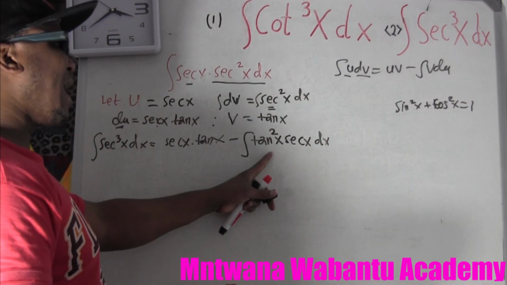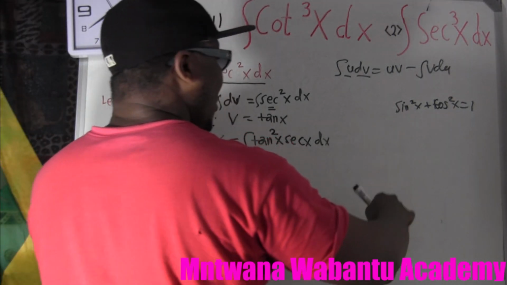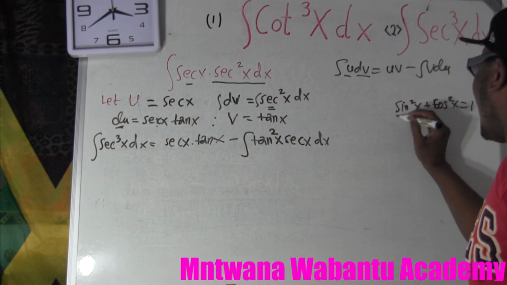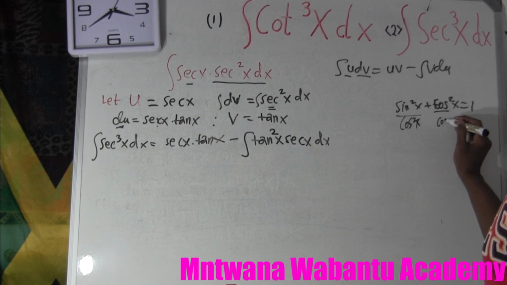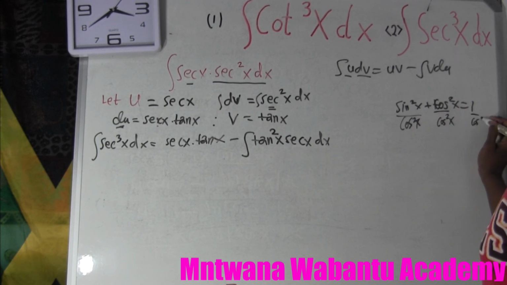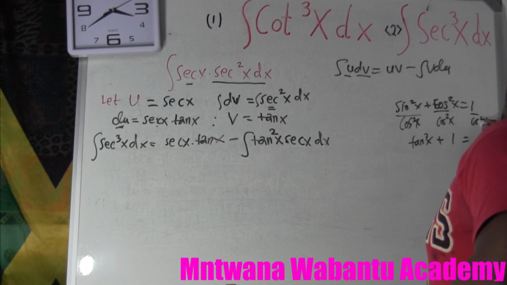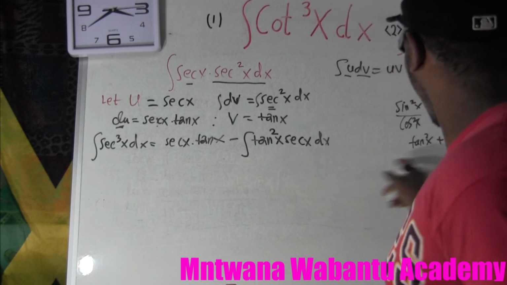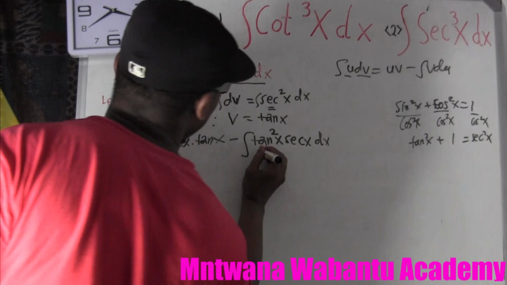If I want to get tan square, I know tan is sine over cos, so divide everything by cos square, but everything must be divided by the same thing. This gives us tan square plus 1 equals 1 over cos square, which equals sec square. So can't you see, tan square equals sec square minus 1.